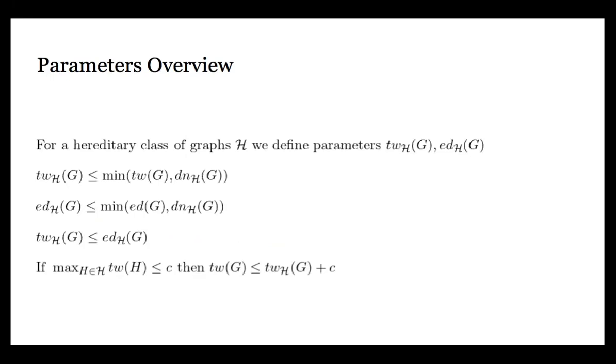So these measures are only interesting for classes of unbounded tree width. So we are not interested in classes like trees or outerplanar graphs, but rather bipartite graphs, planar graphs, chordal graphs, bounded degree graphs, and so on.